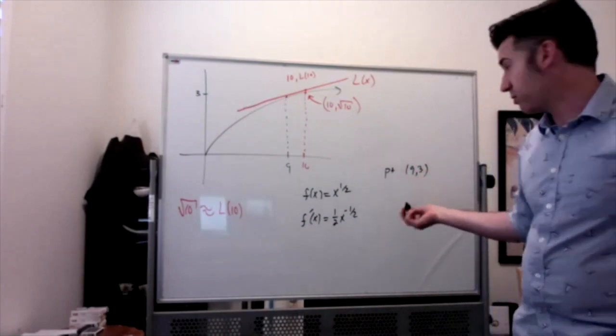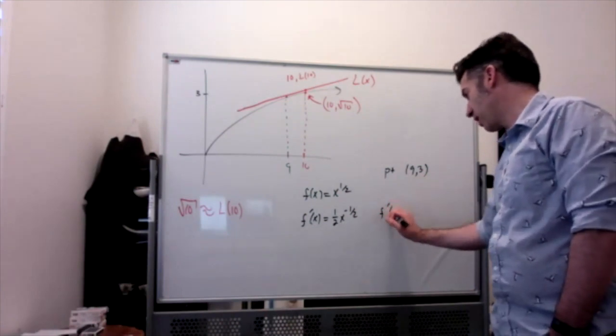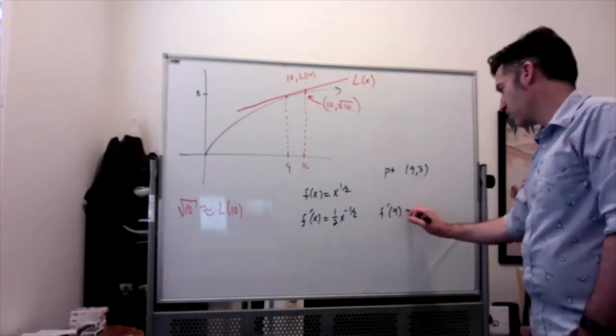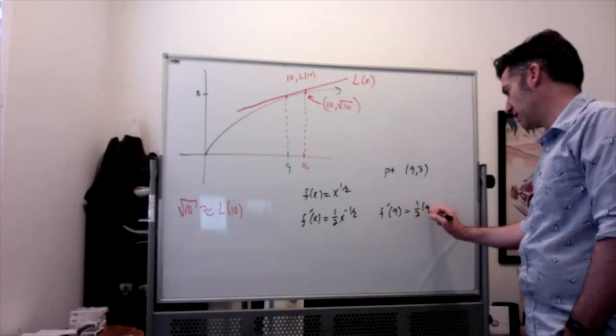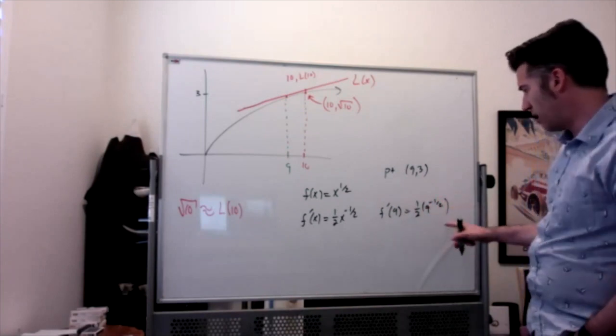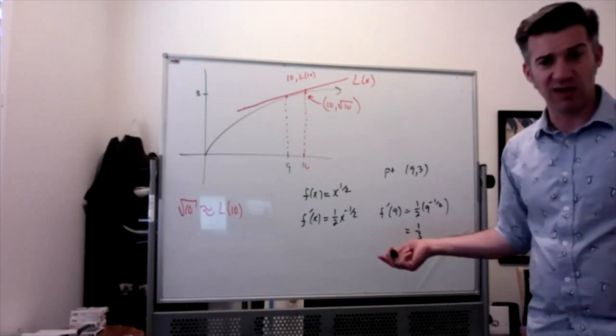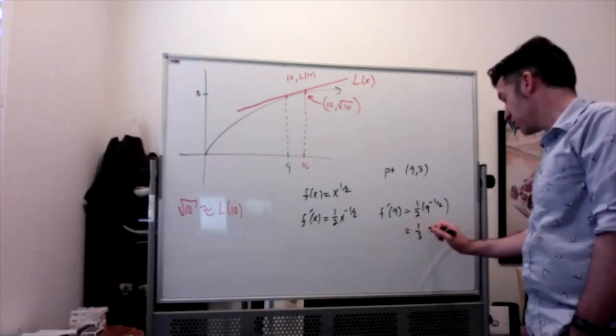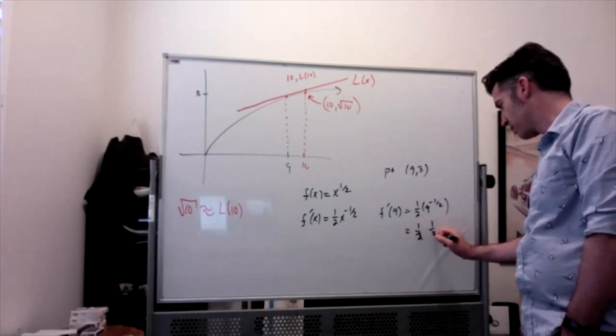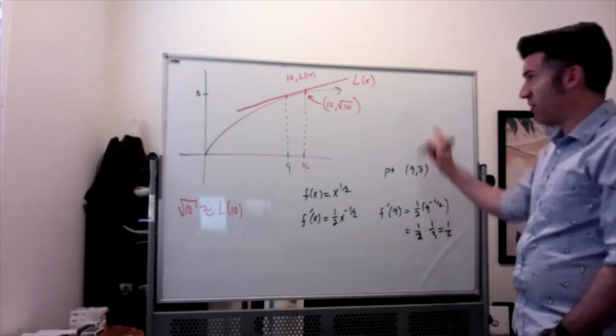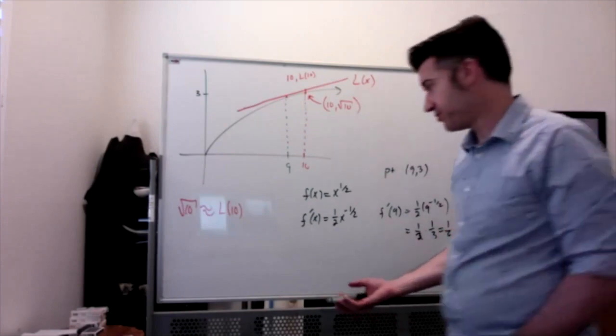And then we find the slope. So the slope is going to be f prime at 9, which is 1/2 times 9 to the negative 1/2. That's 1/2 times 3 to the negative 1, which is 1/3... so the slope of our tangent line there is 1/6.